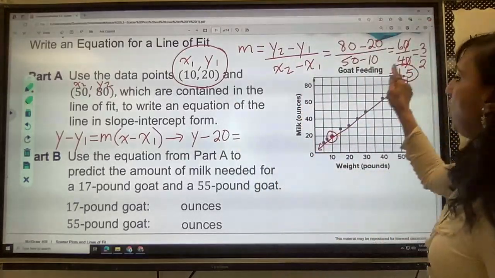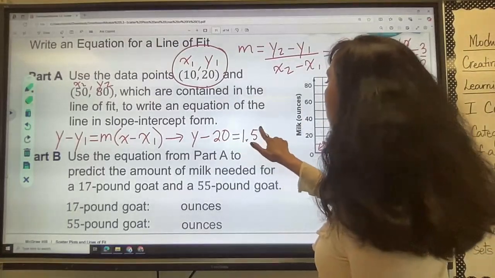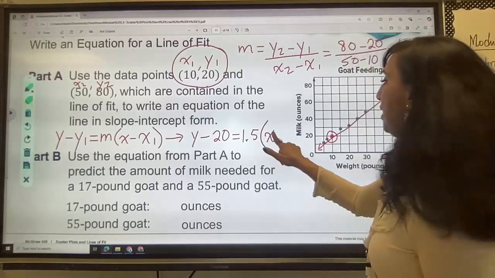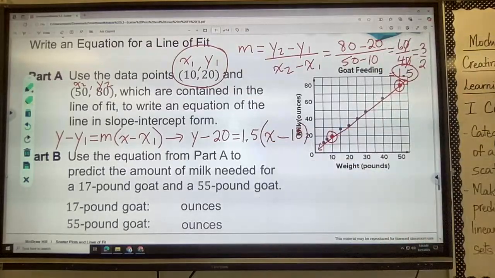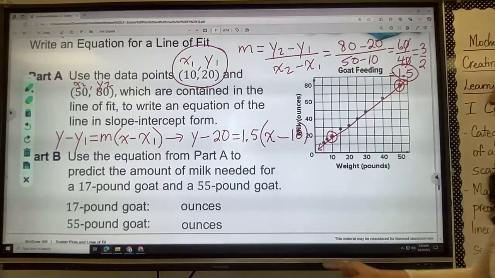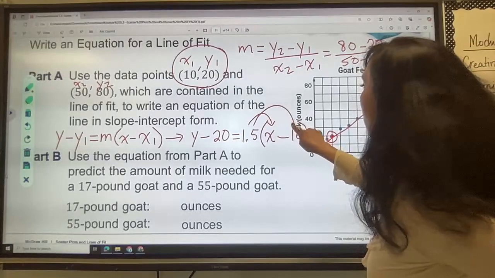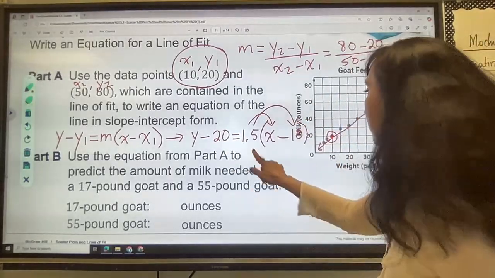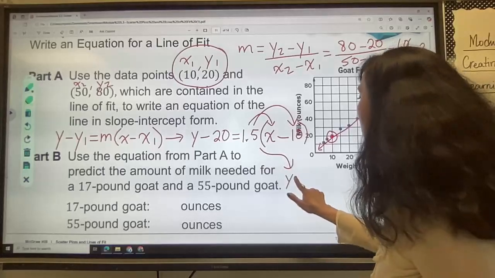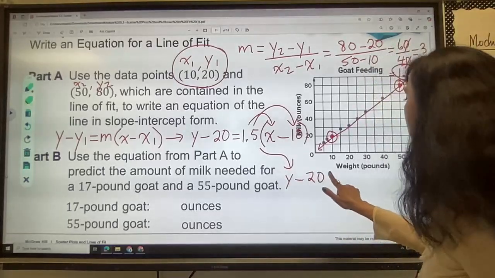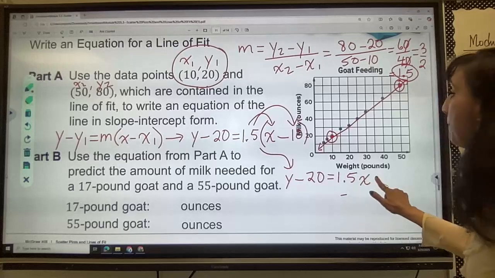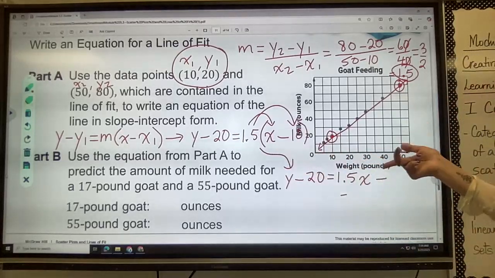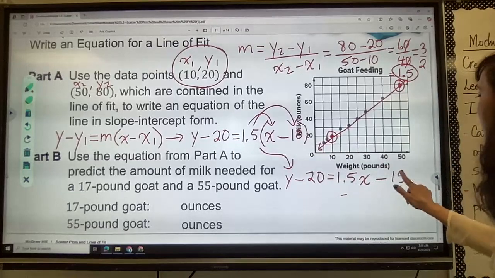My slope is 1 and 5/10, and then you have x minus x1, which is 10. Okay, and then I'm going to simplify and do the distributive property over here. I'm left with y minus 20 is equal to 1 and 5/10 x minus 1 and 5/10 times 10, and that gives me 15, right?